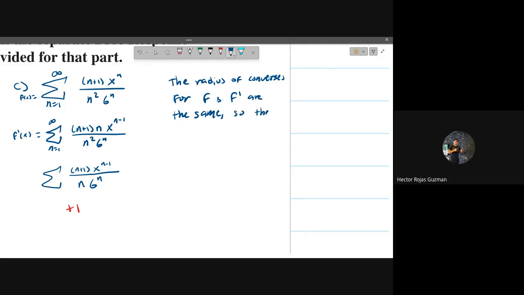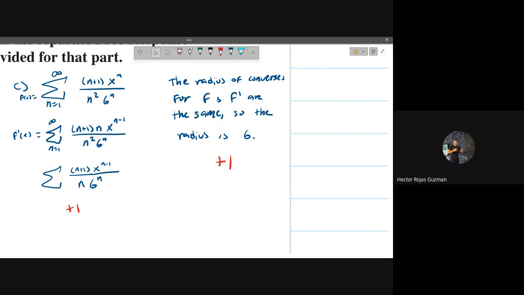So the radius of convergence is 6, right? Yeah, 6. Yes. Just wrote it. Yeah, they didn't go into the interval of convergence.